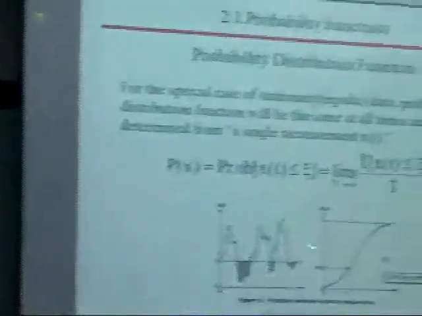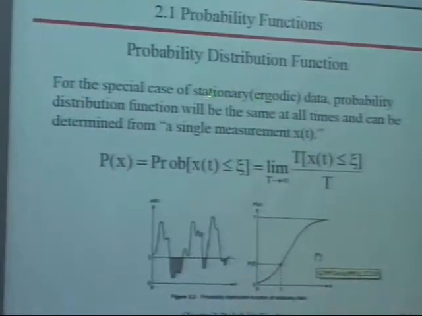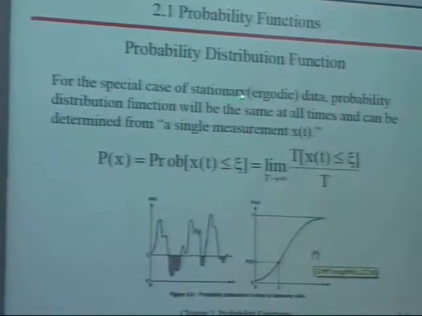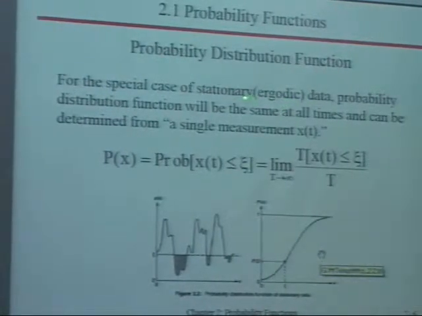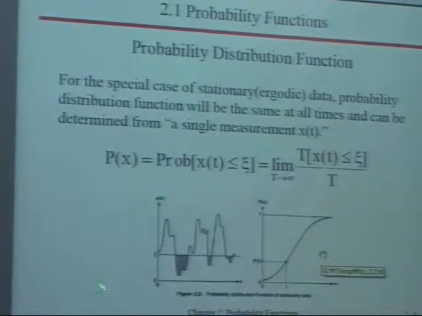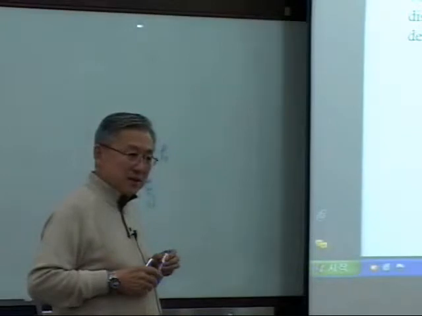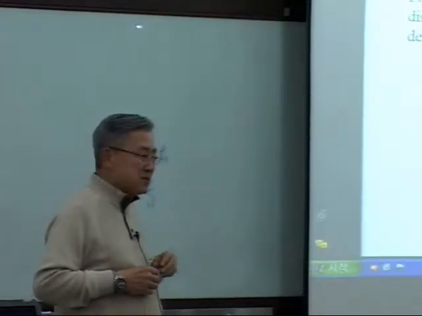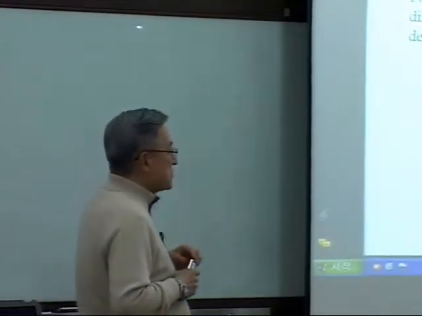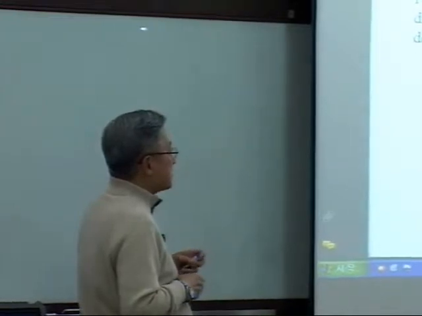So rather than dealing at time t1, when you're dealing with an ergodic process or ergodic data, then you can deal with the one time record, right? That's about all you need. Lots of classes of problems fall in this category.